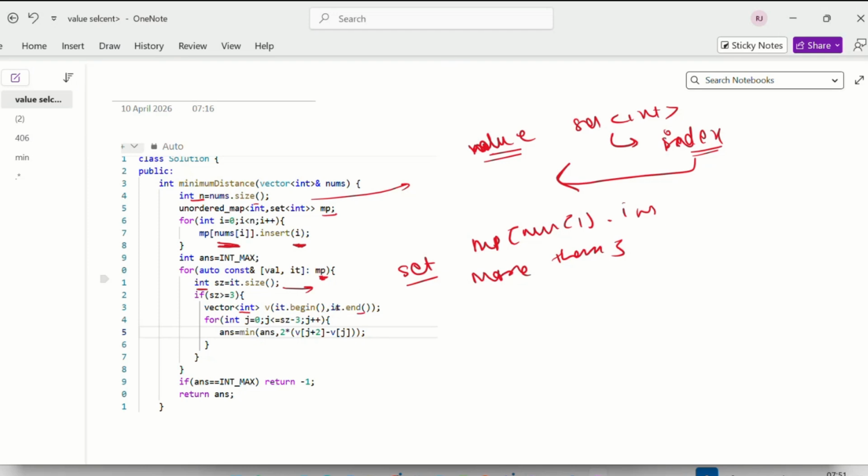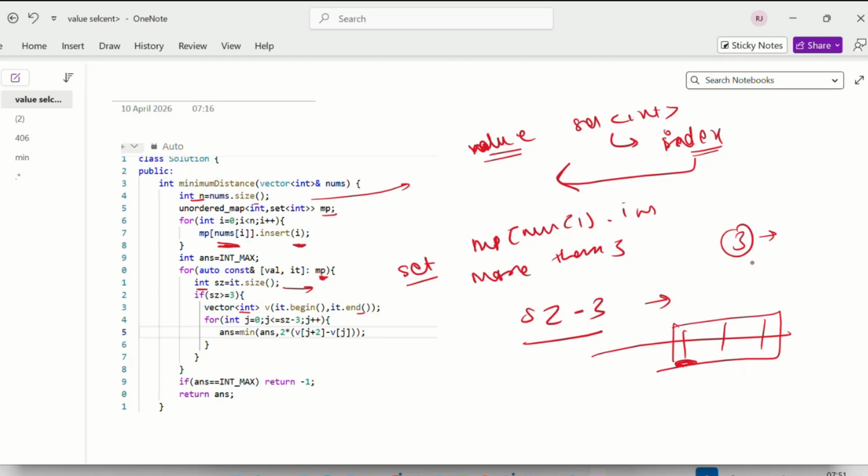It will transfer all the values of the set in the same order to the vector v, and we will traverse that set using j equals 0 to j less than or equal to sz minus 3, j plus plus. I have used sz minus 3 here because we need three indices, so we can't traverse through the end of the index.